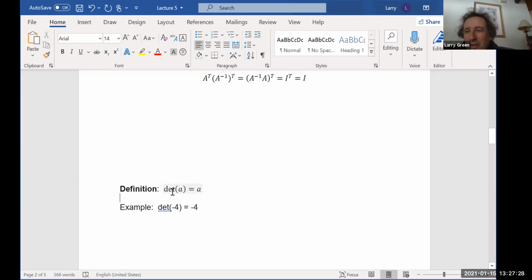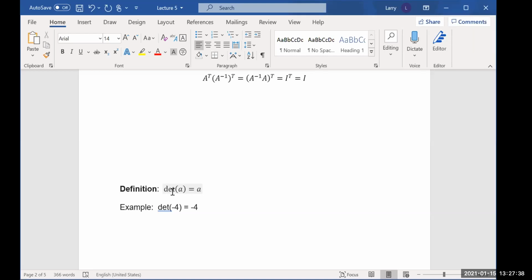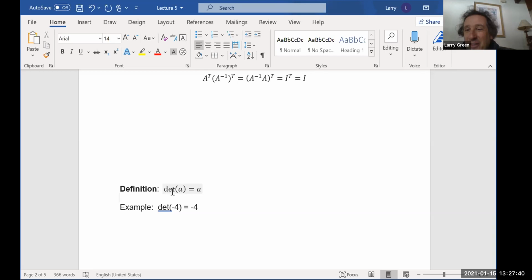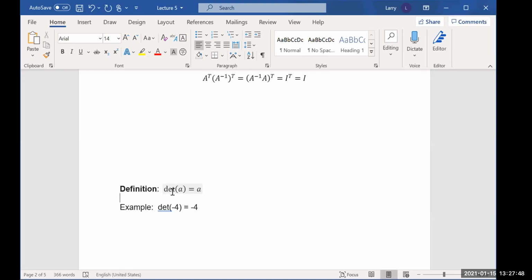Okay, let's suppose you have a 1-by-1 matrix. Y'all know what a 1-by-1 matrix is, right? Just a single number. It could be, you know, the matrix with the number 1 million in it. That's way more than one digit, but it's still a 1-by-1 matrix.